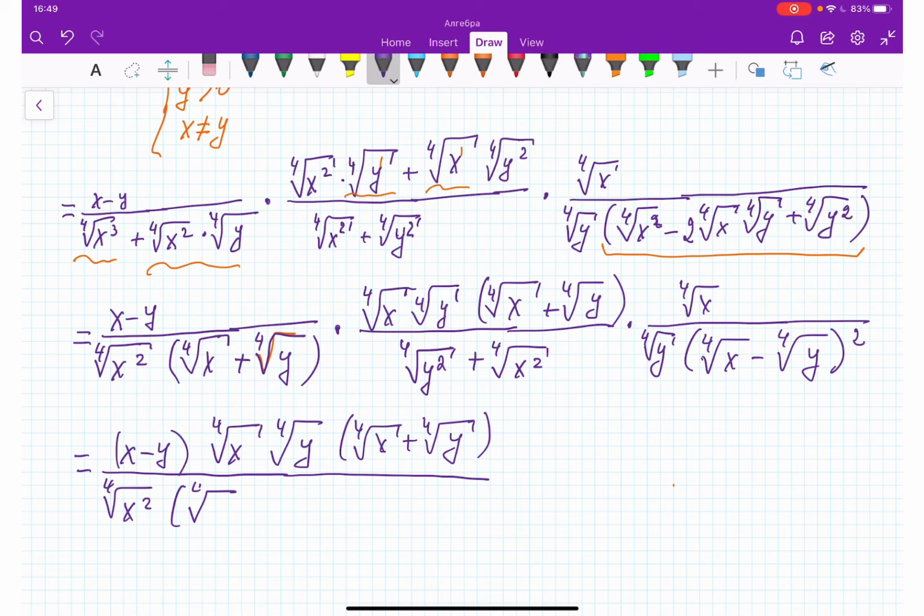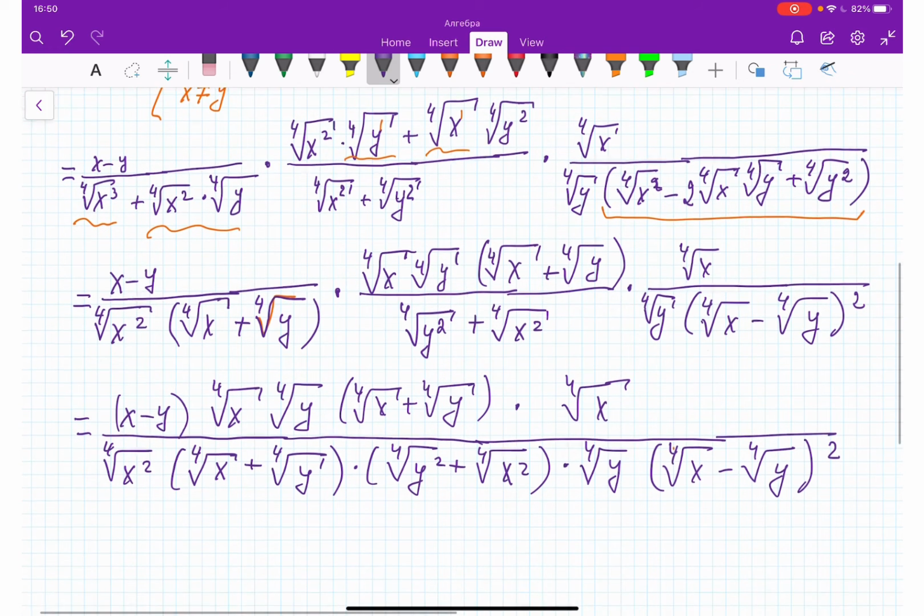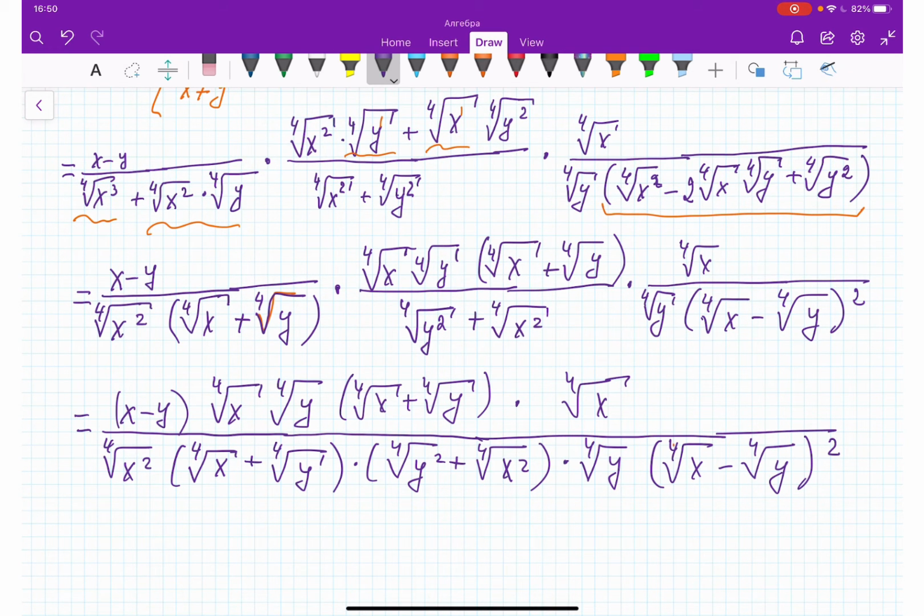Here I get radical degree 4 of x plus radical degree 4 of y multiplied by radical degree 4 of y squared plus radical degree 4 of x squared. And what do we have left? Radical degree 4 of x, in the denominator radical degree 4 of y, and in parentheses radical degree 4 of x minus radical degree 4 of y, and all these squared. Okay, let's see what we are going to have.